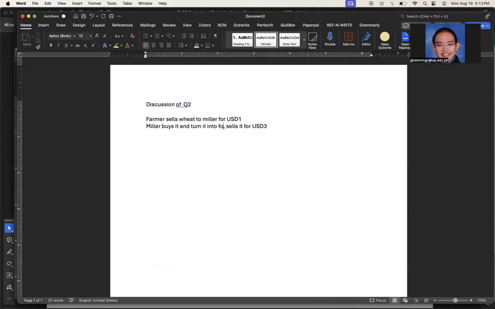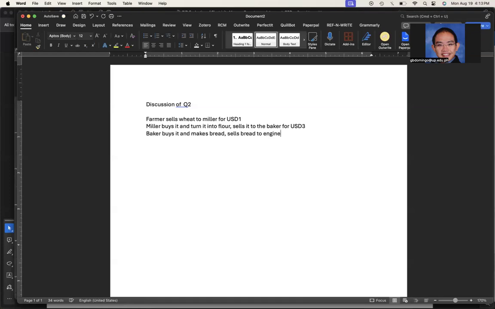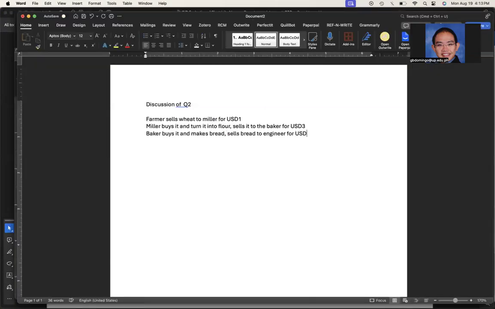The flour is sold to the baker. Next, the baker buys it and makes bread, and sells the bread to the engineer for USD 6.